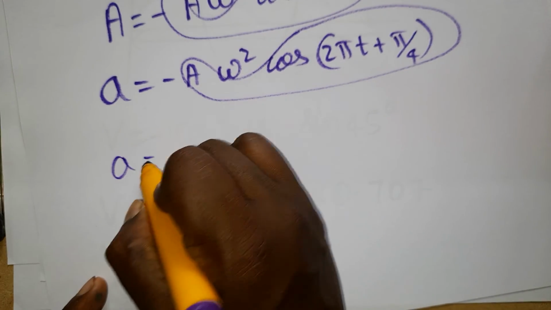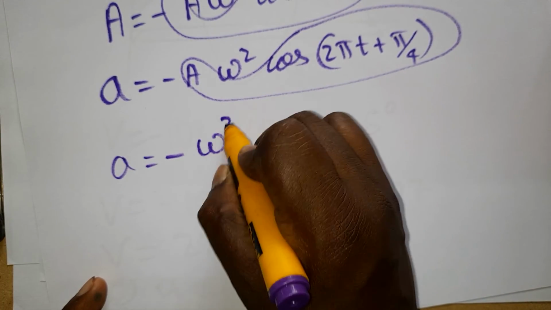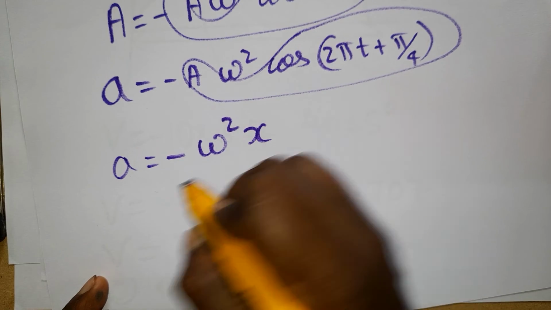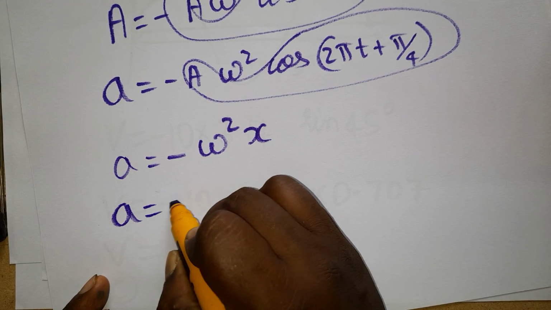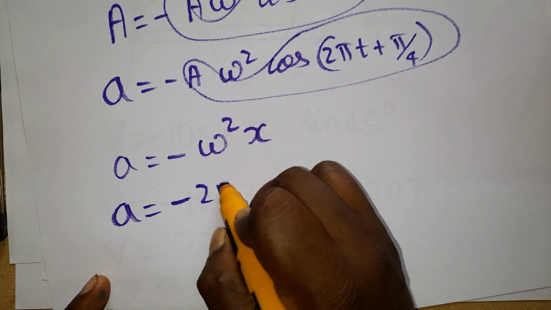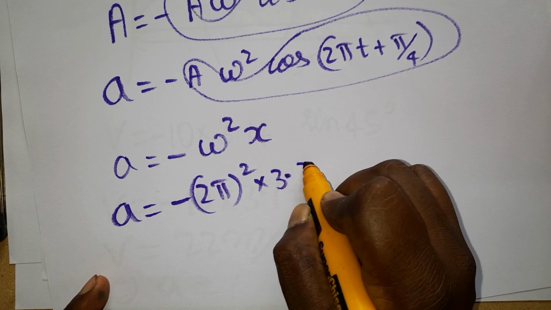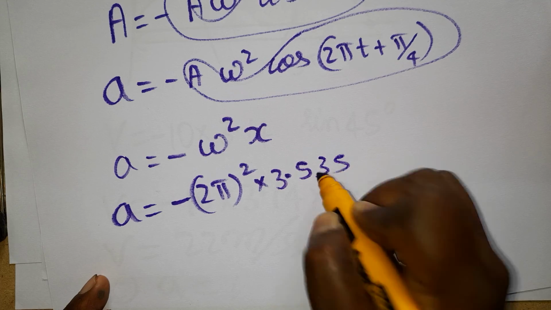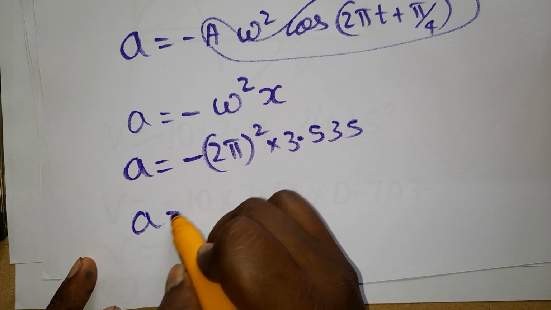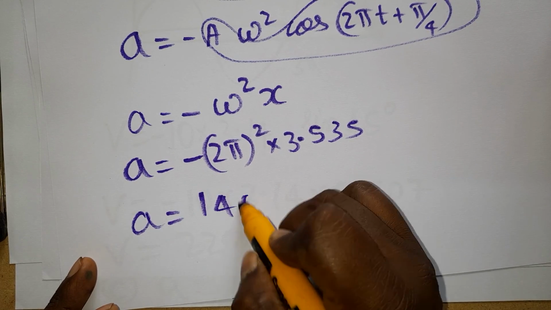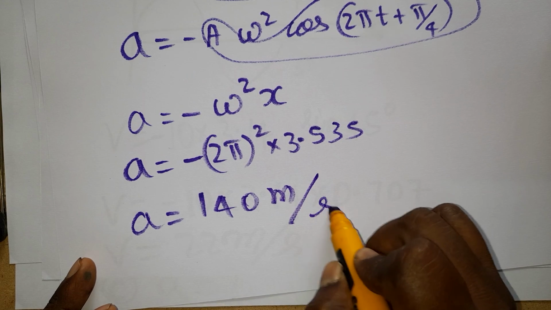So acceleration is equal to minus ω²x. Minus ω² is (2π)², and x is 3.535, already calculated. This multiplication will give us the acceleration. Acceleration is equal to 140 meter per second square.